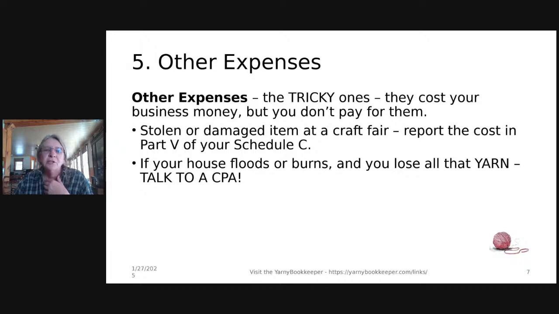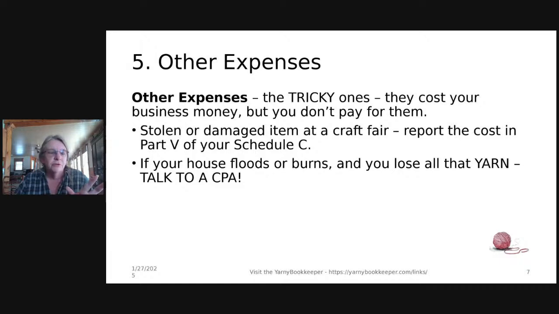So let's circle back to those other expenses, the tricky ones that cost your business money, but you don't pay for them. So let's say something is stolen or damaged at a craft fair. The cost of those items could very well be reported in Part 5, other expenses on your Schedule C. If your house floods or burns and you lose all that yarn, we'll talk to a CPA.